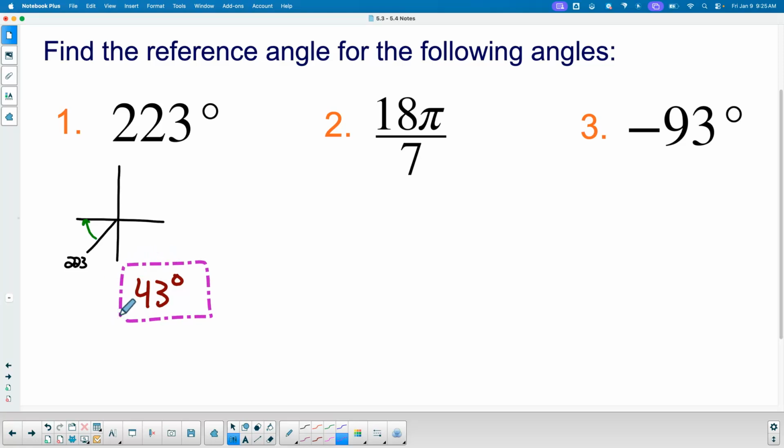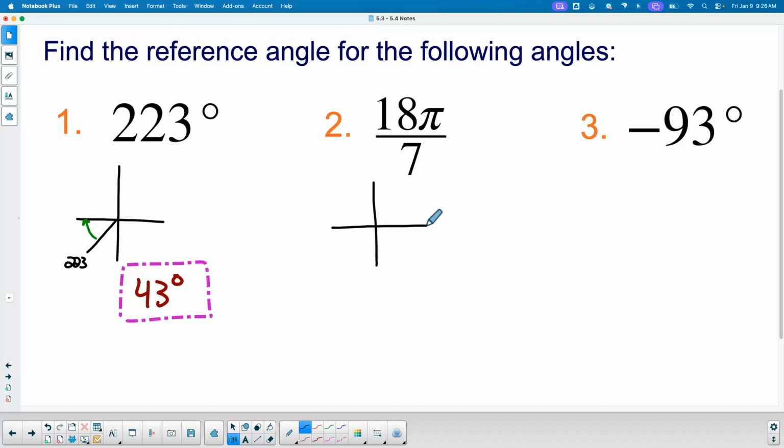Yes? Okay. What quadrant is 18 pi over 7 in? Two? Do we agree with 2? Right?